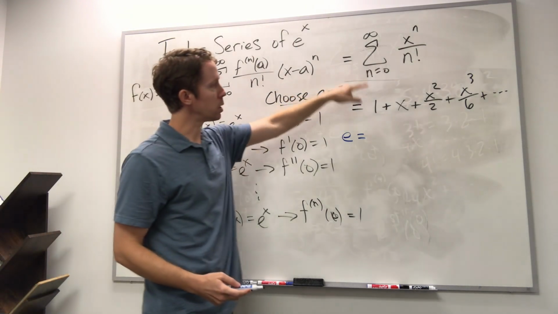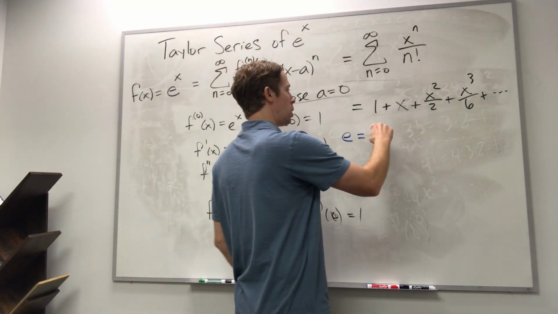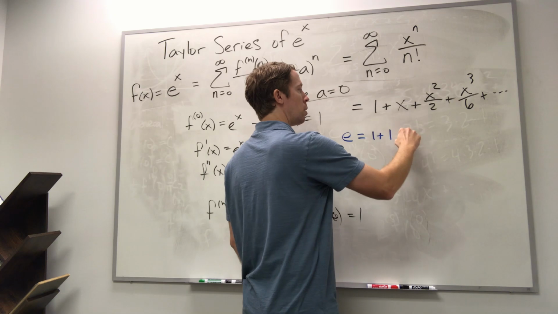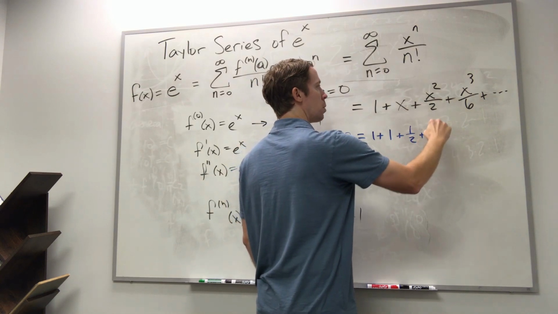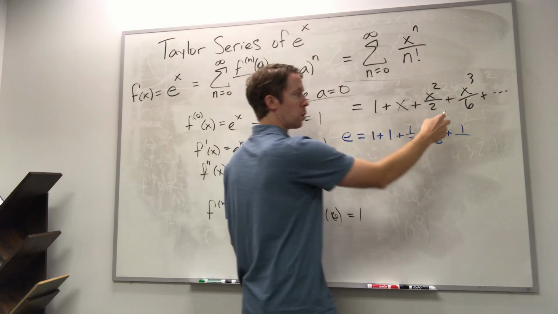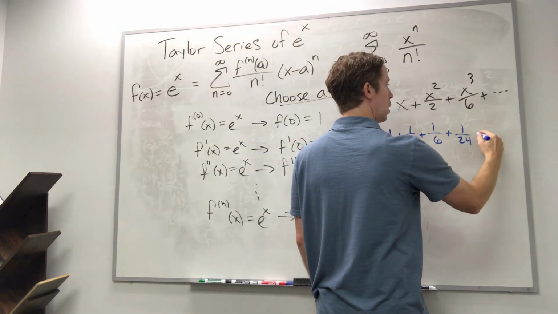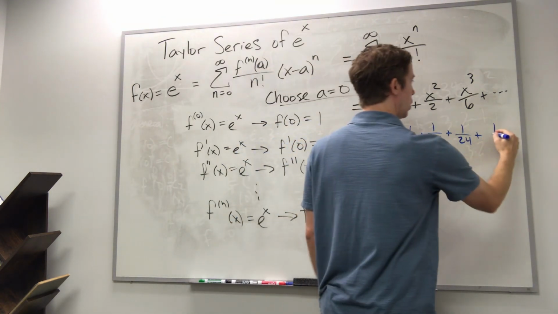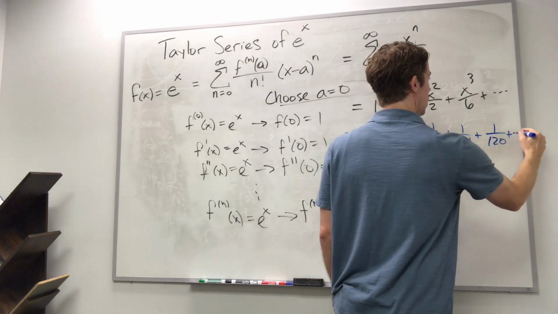So if I plug in x equals 1 into here, I get 1 plus 1 plus 1/2 plus 1/6 plus 1 over 4 factorial. So 4 times 6 is 24. 1 over 5 factorial, and so on.